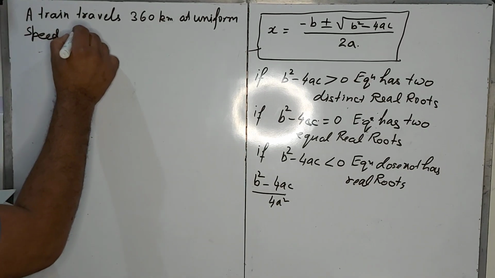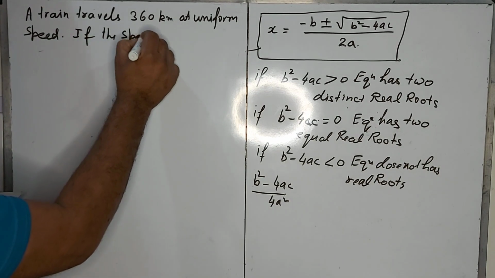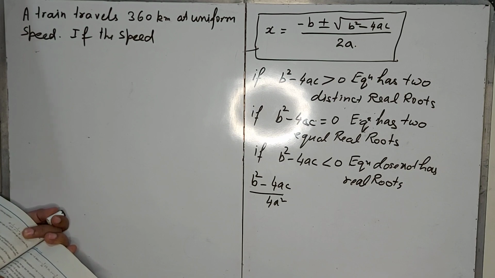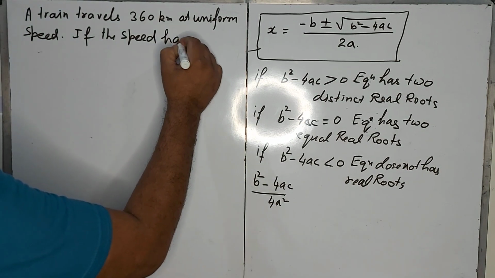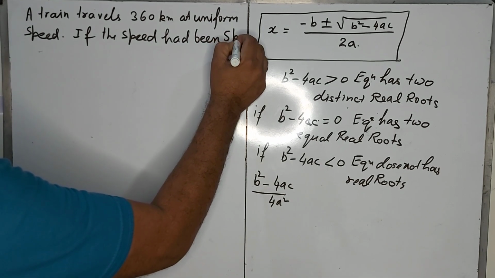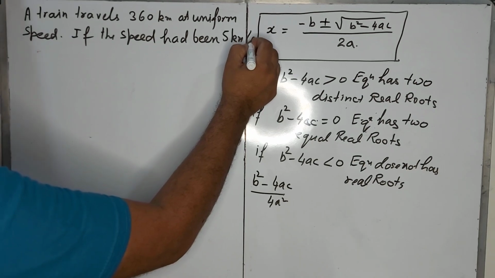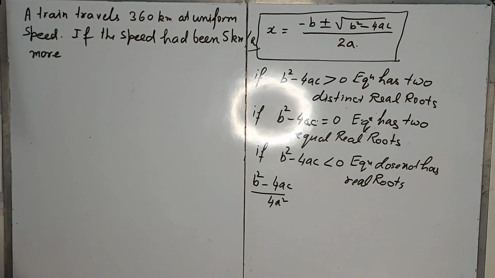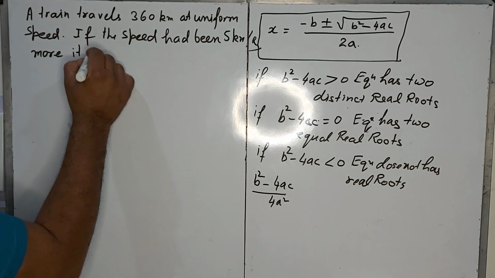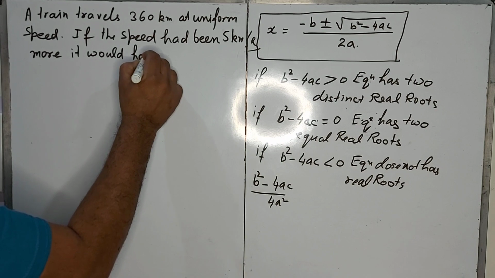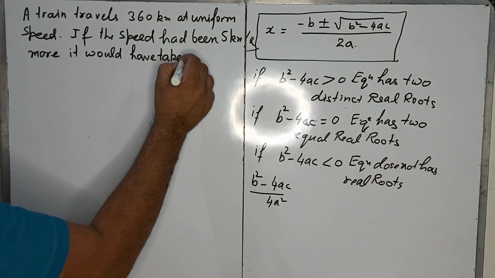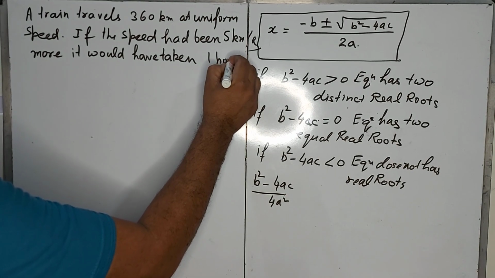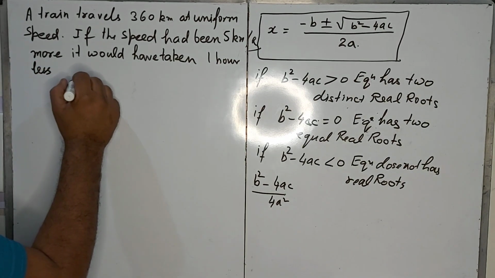If the speed had been 5 kilometer per hour more, it would have taken 1 hour less for the same journey.